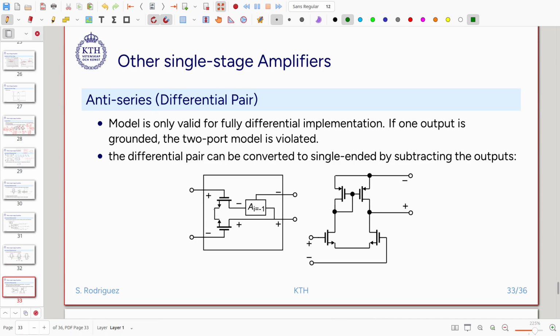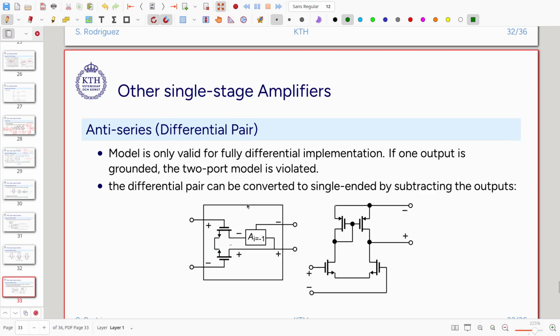Now, besides the differential pair, there are other interesting connections that are very common, and one of these is a differential pair that has only one output.